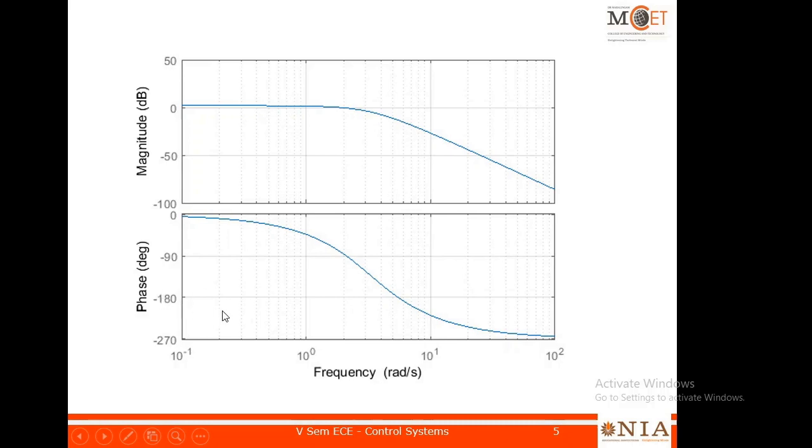All these things will come under frequency domain specifications. So we will first derive and define what is meant by frequency domain specifications, and then we will move on to drawing the frequency response curves and how to obtain frequency domain specifications from frequency response curves. That's of course the main objective of this particular unit.